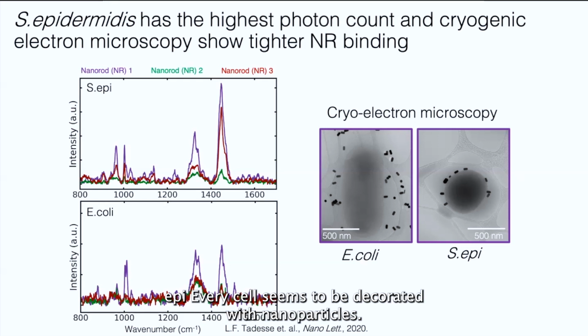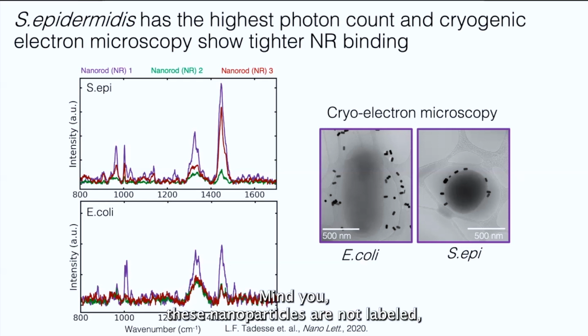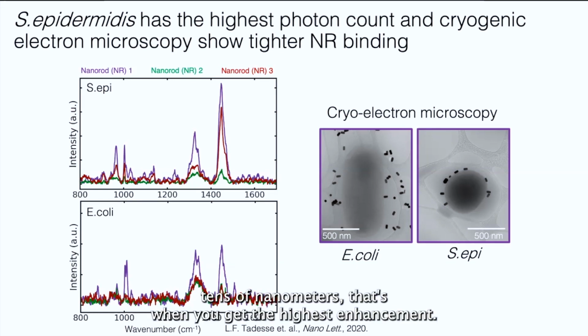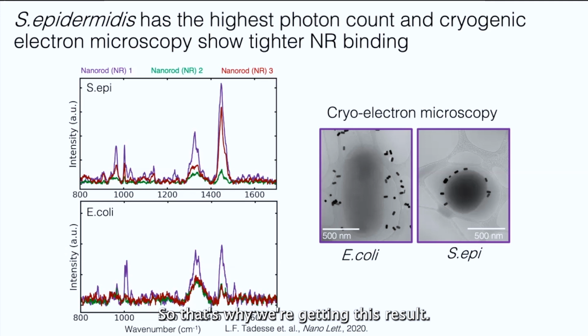For the Staph epi, every cell seems to be decorated with nanoparticles. Mind you, these nanoparticles are not labeled, they're just swimming in the liquid, but they tend to be attracted to the Staph epi more than the E. coli. And if you're close to the cell within tens of nanometers, that's when you get the highest enhancement. So that's why we're getting this result.